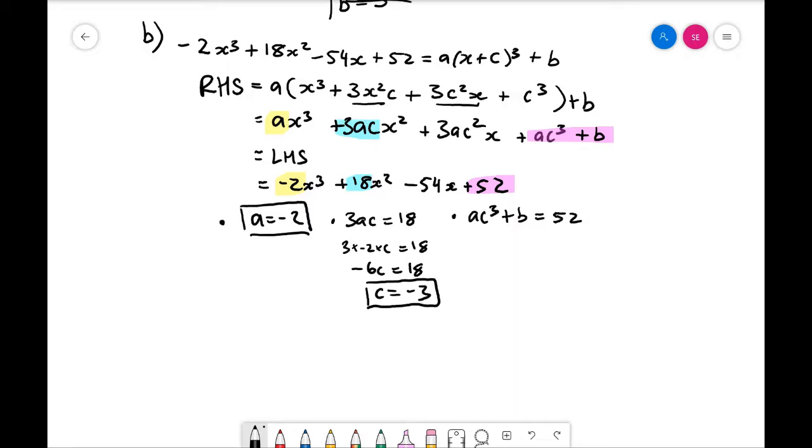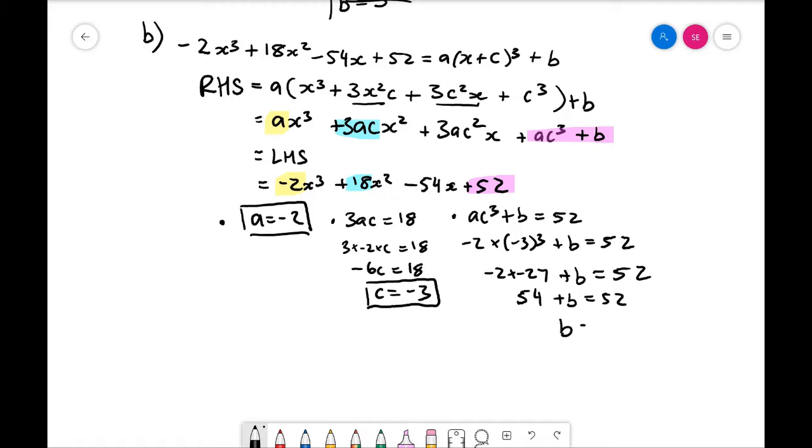Now we know a is equal to minus 2, and we know c cubed is minus 3 cubed, so minus 27. So we've got minus 2 times minus 27 plus b is equal to 52. That'll give us 54 plus b is equal to 52, which means b is equal to minus 2.